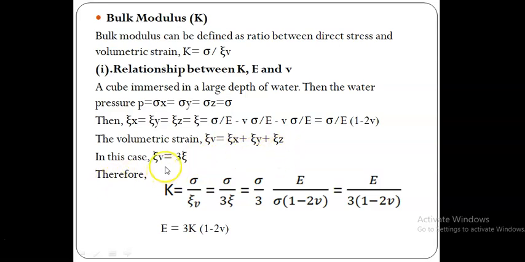In this case, epsilon V is equal to 3 epsilon, since the cube is immersed in water. Therefore K is equal to sigma divided by epsilon V, which is equal to sigma divided by 3 epsilon. Here the volumetric strain is epsilon x plus epsilon y plus epsilon z, so the total volumetric strain is 3 epsilon.